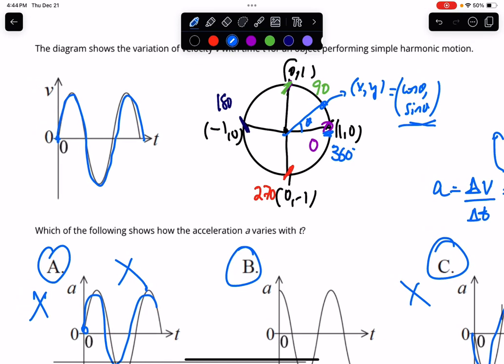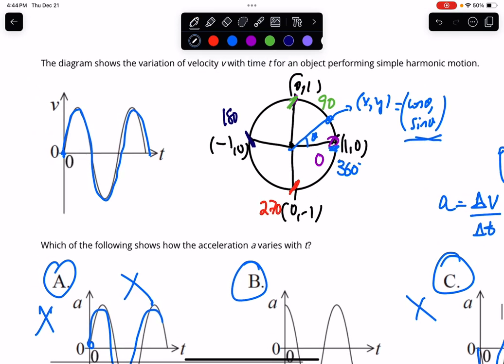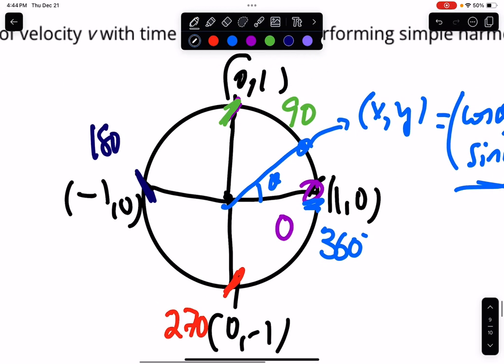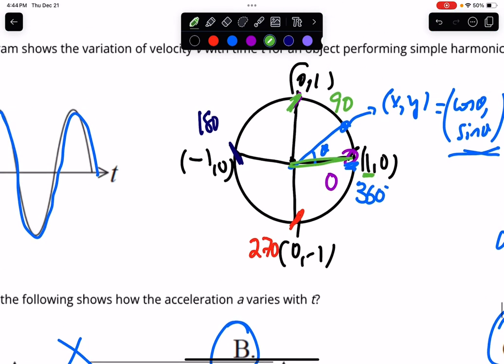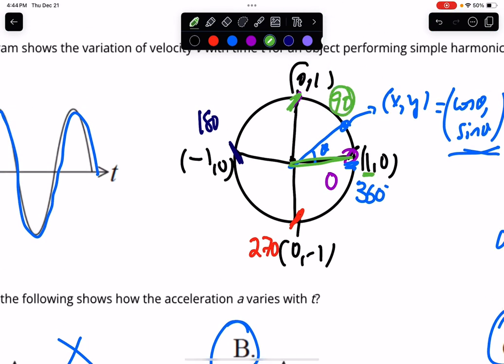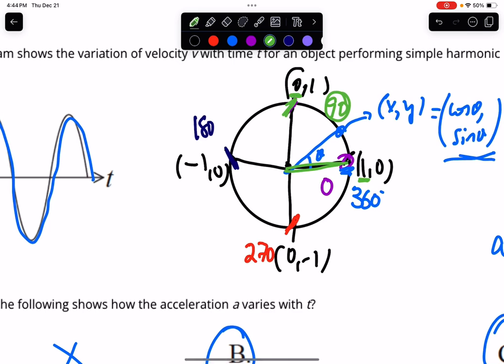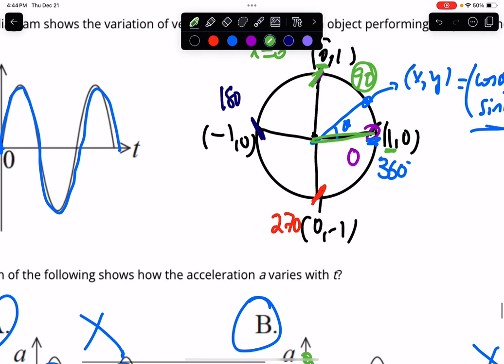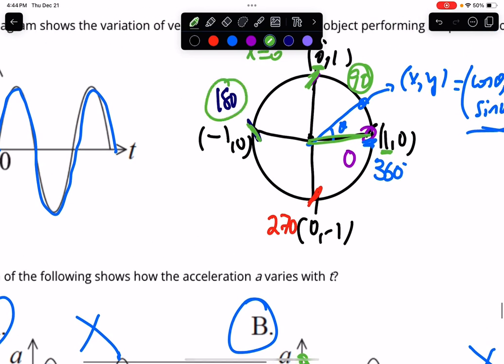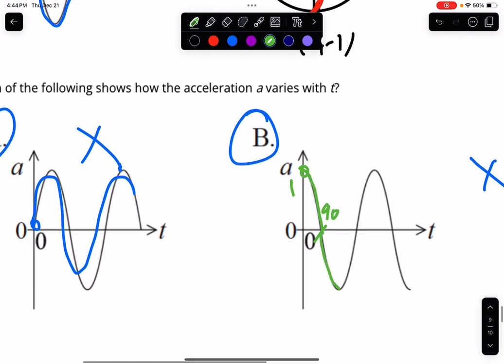So if you look at the unit circle, when theta is 0 degrees, the x value is 1. So when theta is 0, you're at 1. Then when theta goes to 90, the x value becomes 0. So at 90, you get to 0. And then when theta becomes 180, the x value becomes negative 1, which is why you get over here.